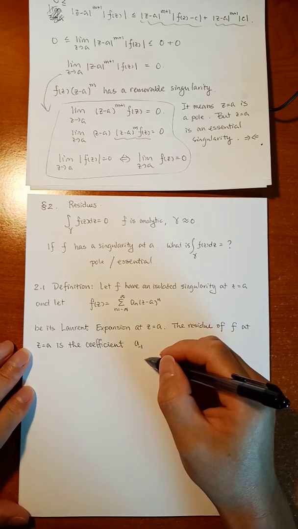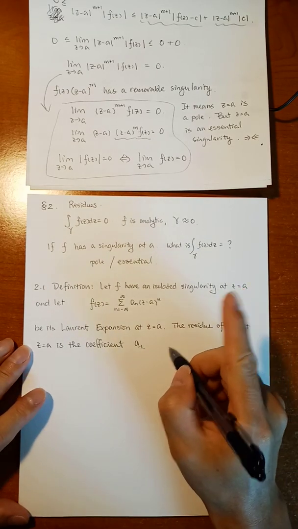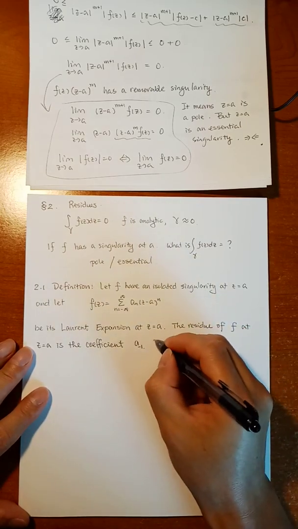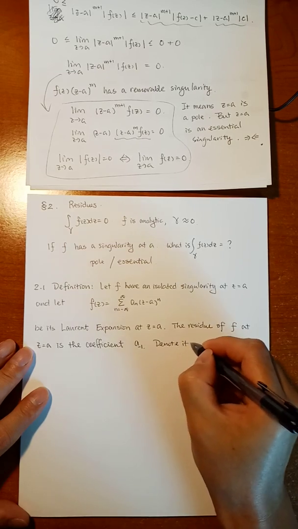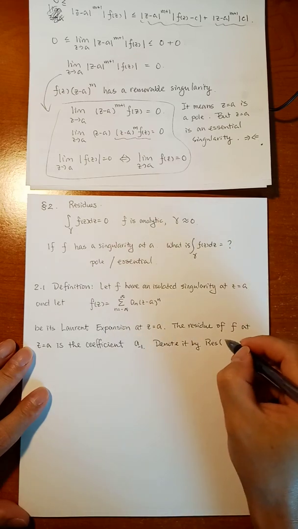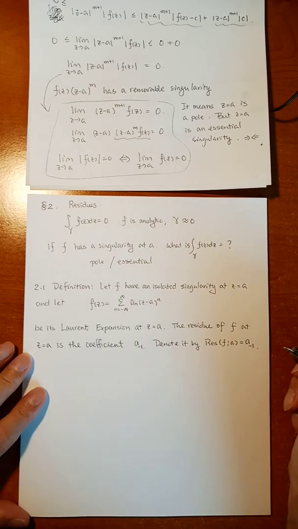So the residue is a number, it's the coefficient a sub negative 1. So we denote it by: the residue of f with respect to a is equal to a sub negative 1.